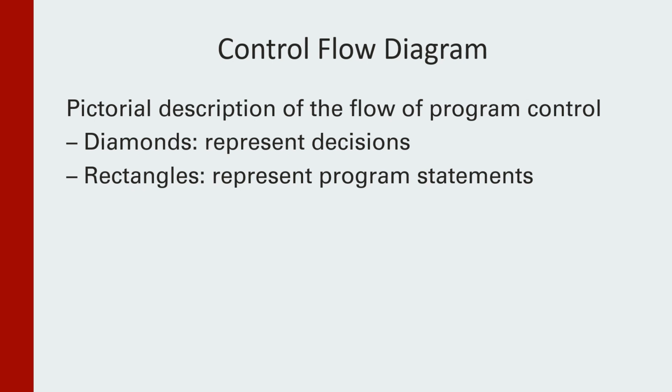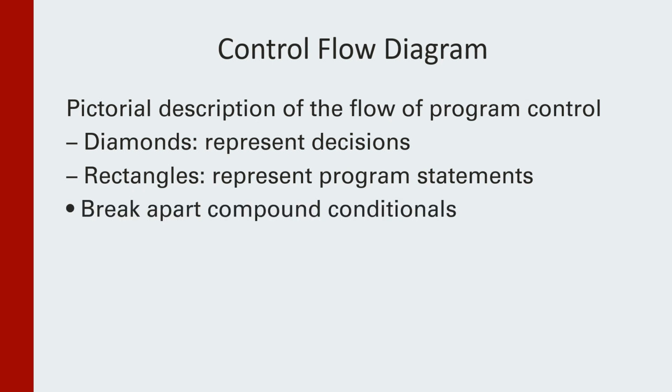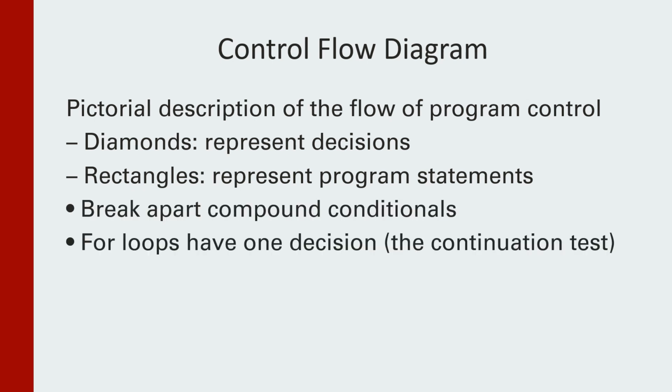And there are certain rules about how you draw these control flows. You would want to break apart compound conditionals, and things like loops have one decision, which is whether you continue or not. So this is just to give you an overview. It will make more sense when we look at a couple of examples of standard templates.